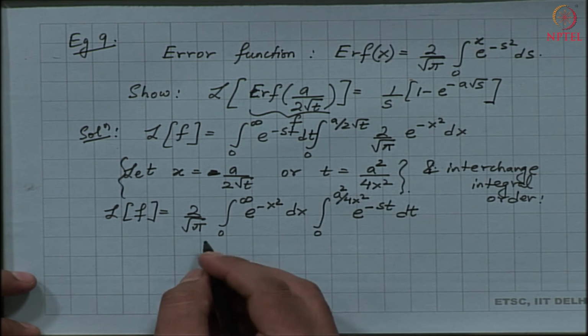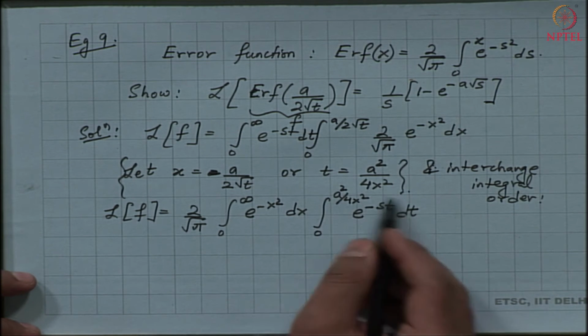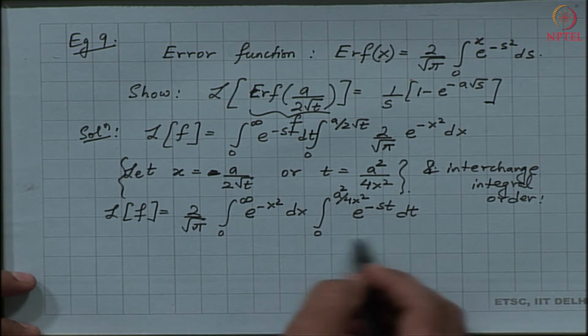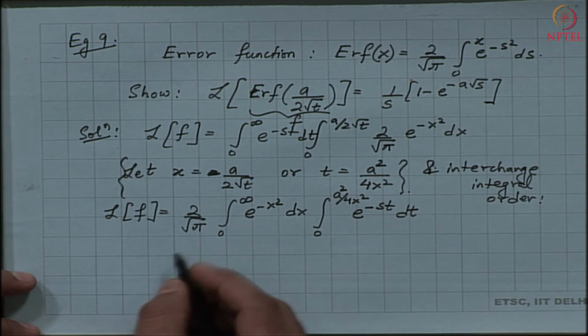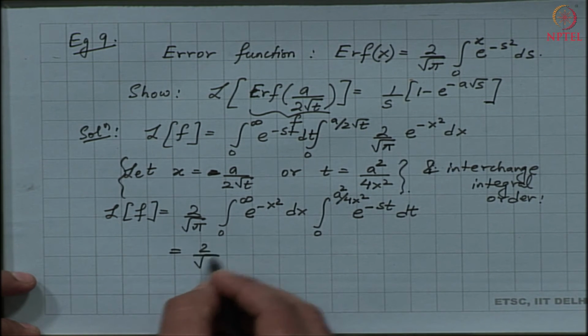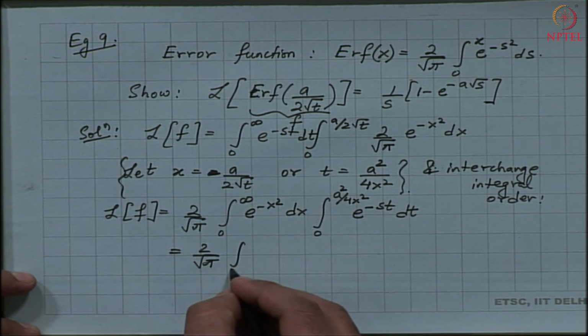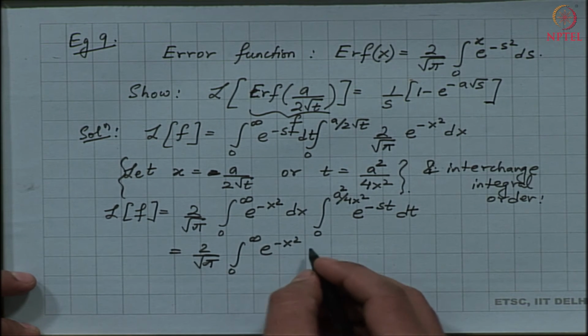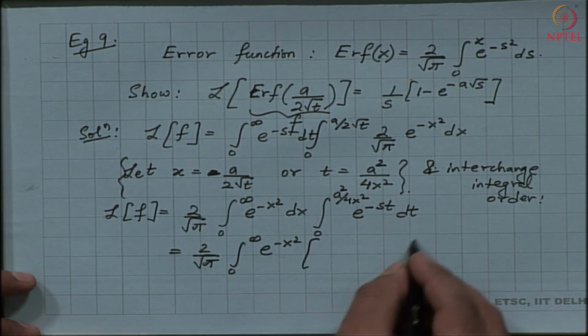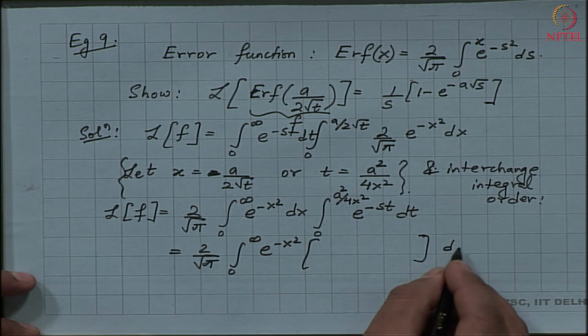So, this is a simple exponential integral to be evaluated for an exponential function. So, that can be done immediately. So, this is 2 by square root pi integral 0 to infinity e to the power negative x square, and then my integral value times dx.